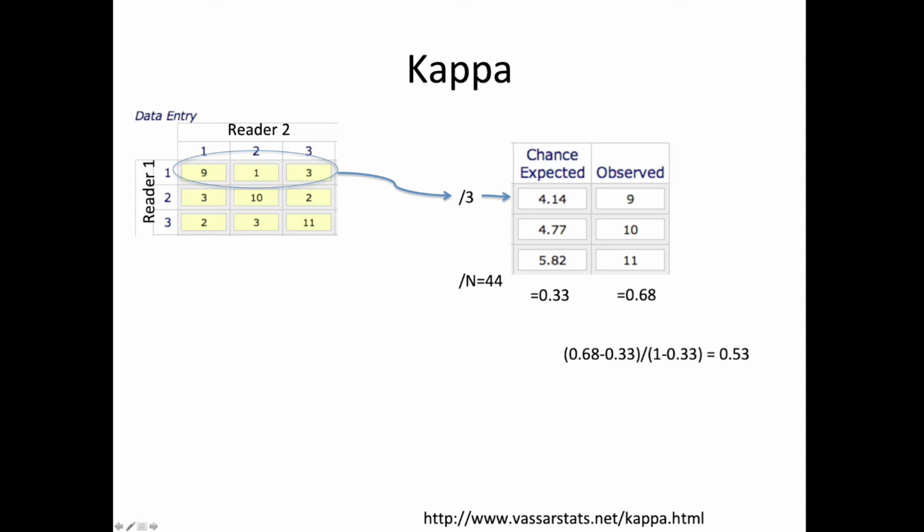That's the sum of all these cells, and you'd expect by chance alone 0.33 agreement, and we observed 0.68 agreement. You plug it into the Kappa equation from before. Observed agreement is 0.68, expected agreement is 0.33, and you get a Kappa statistic of 0.53.